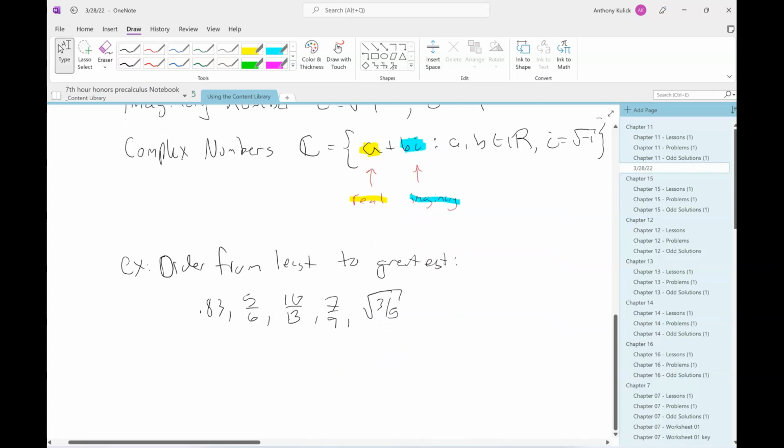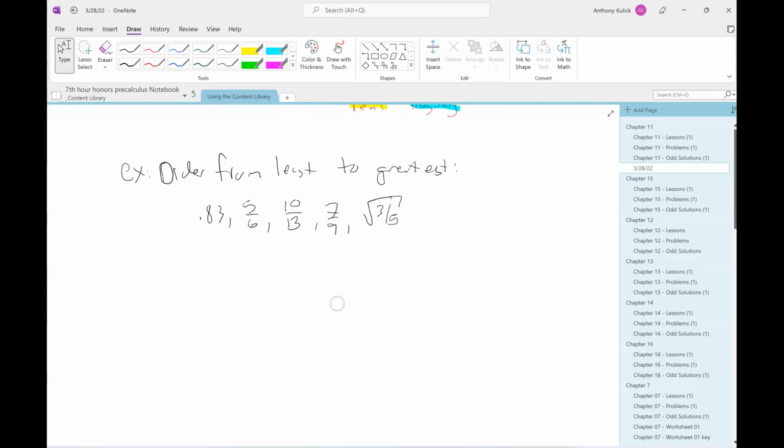I don't know, just making up some numbers here. And I want you to order them from least to greatest. How would you do that? Should be a fairly trivial problem for students at your level. Lily? Convert them all to decimals, and then once they're decimals, it's easy to see which one's bigger than the next one, right? Okay, let's do that.